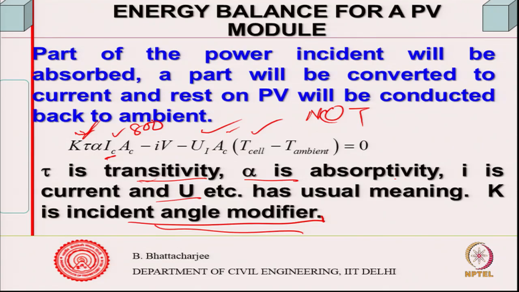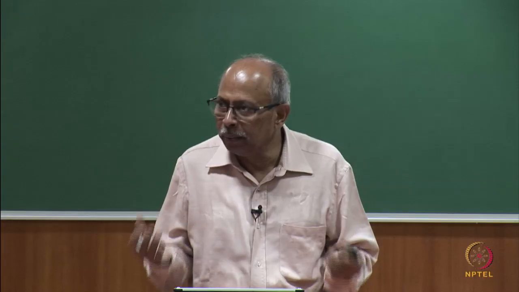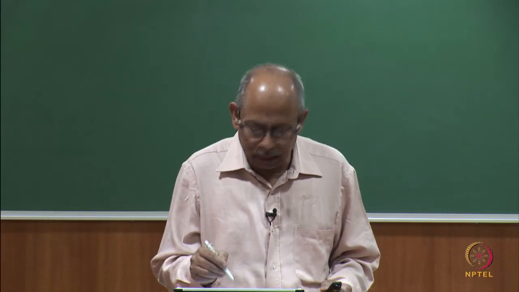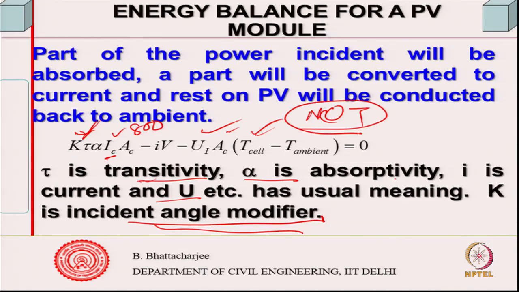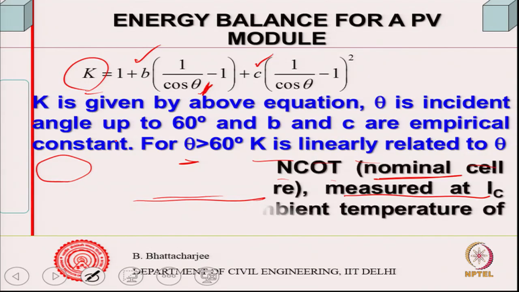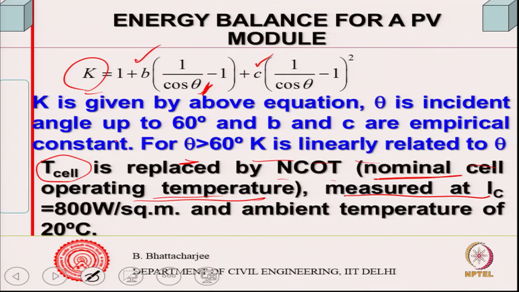If in the factory or laboratory I measure, then I find out what the T cell is. That is called NOCT, when I is equal to 800. That would be known to me, because NOCT is a standard condition, so the actual cell condition I might be able to calculate from this.